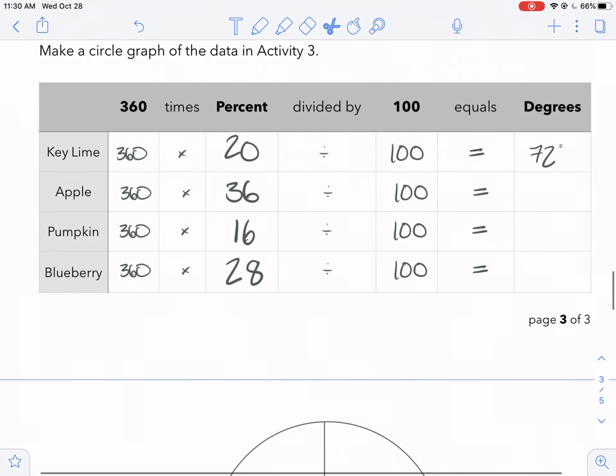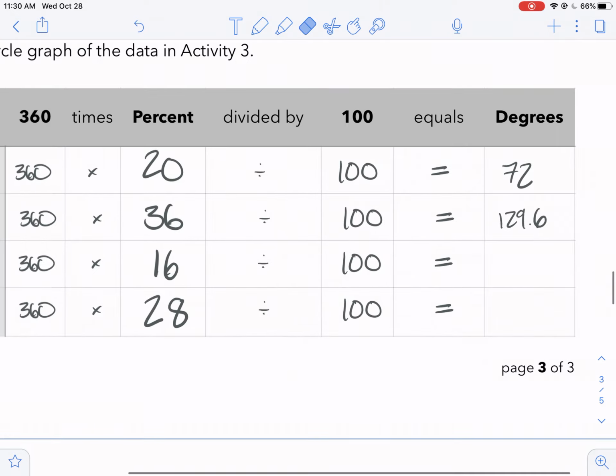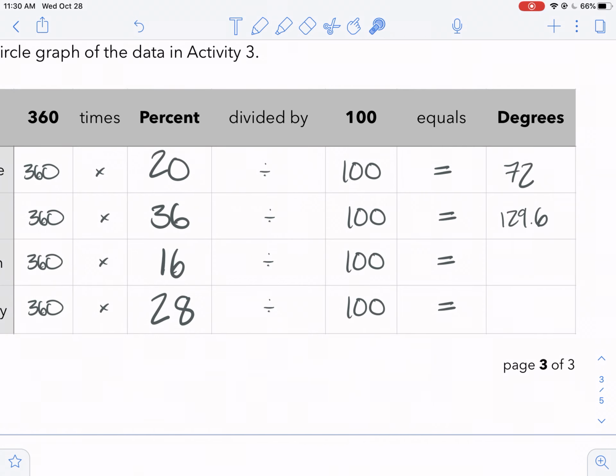So going across, 360 times 36 divided by 100 comes out to 129.6 degrees. Next, for our pumpkin pie, 360 times 16 divided by 100 equals 57.6 degrees. And finally, blueberry is 360 times 28%, which is divided by 100, gives you 108.